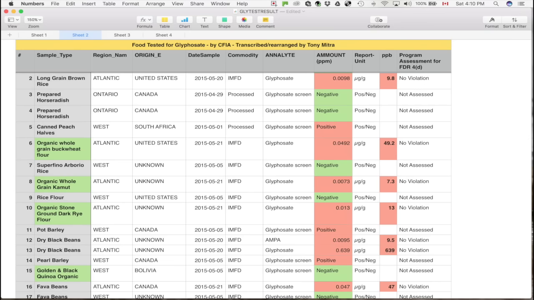One example is here, dry black beans. You can see that it has got 639 parts per billion, very high, and still no violation. The other thing is about this second column, sample type.